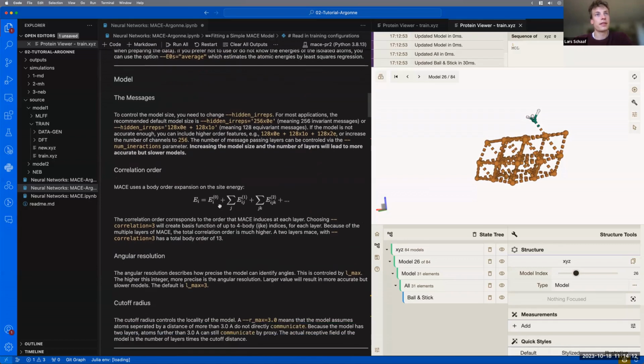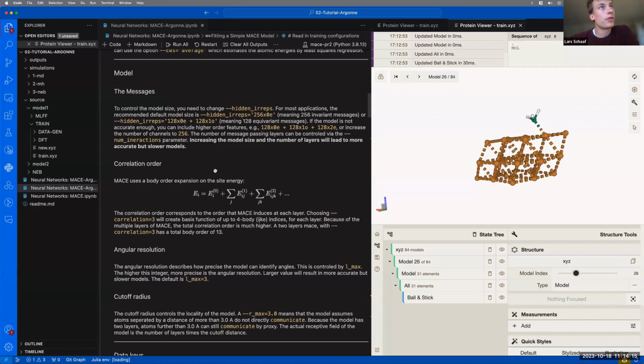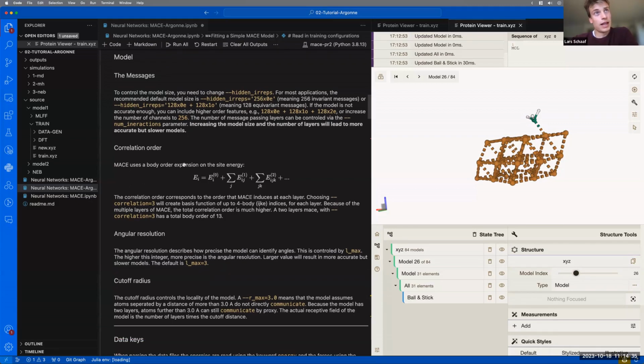Some of the key parameters for the MACE model are the irreducible representations of the hidden layer, well, the hidden irreps here. So I didn't go into too much detail of how the MACE framework works, but the idea is that you expand the local density in a basis, and this basis has a certain body order, so it can be 2 body, 3 body, so on and so forth.